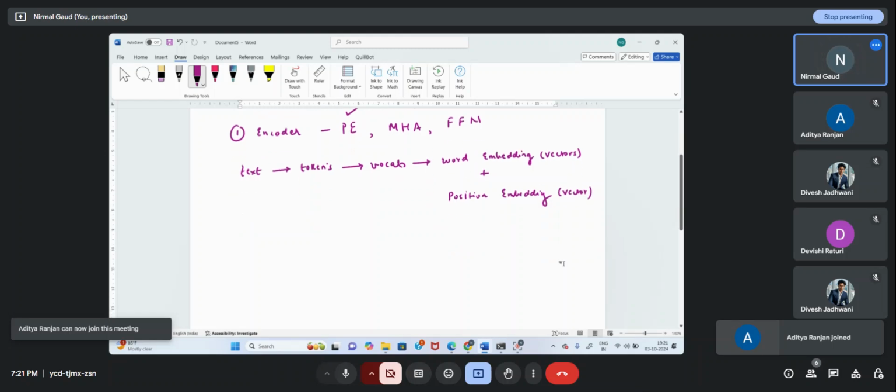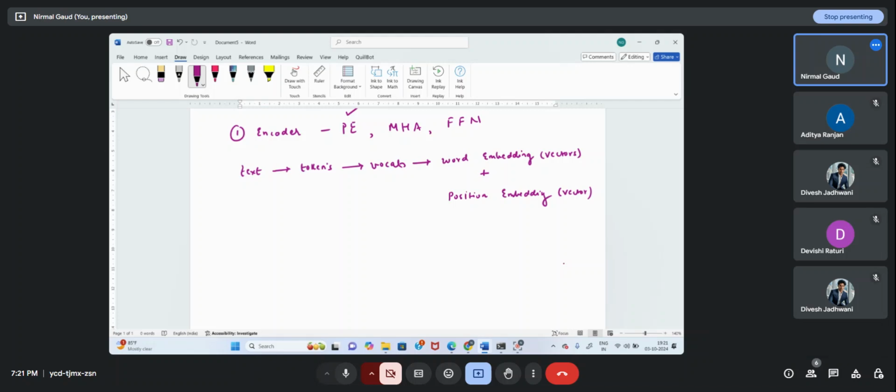So, for example, if I take a word the, the word embedding of the is 0.1, 0.2, 0.3, 0.4. Let us suppose the positional embedding of word the is 0.01, 0.02, 0.03, 0.04.